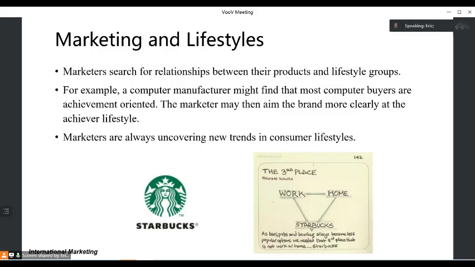As marketers, you should research lifestyles. There are different lifestyles among your target consumers. You should learn them, find their opinions about lifestyle, and provide the proper product for them. We knew that the success of Starbucks is about the third place.